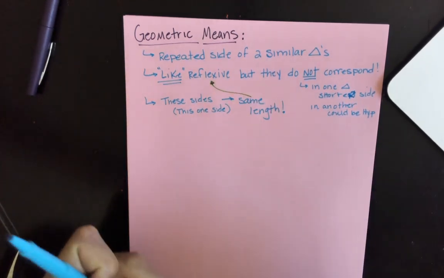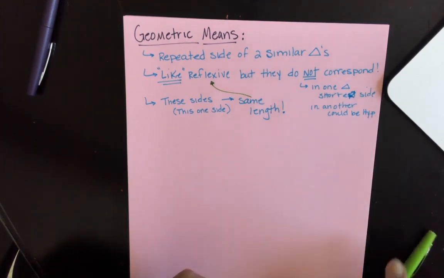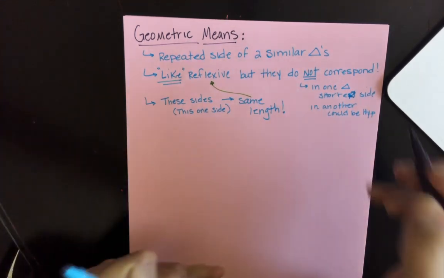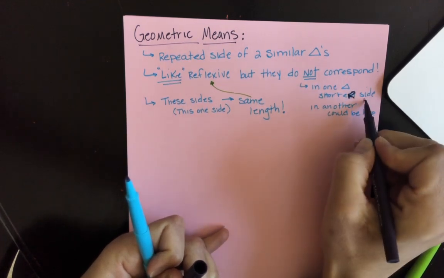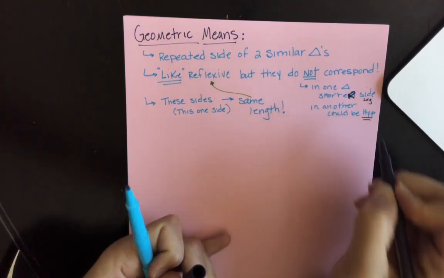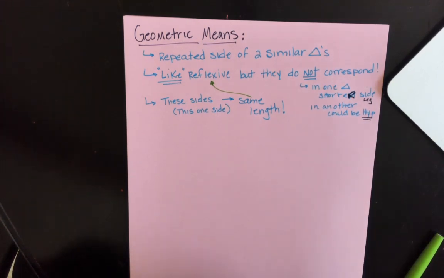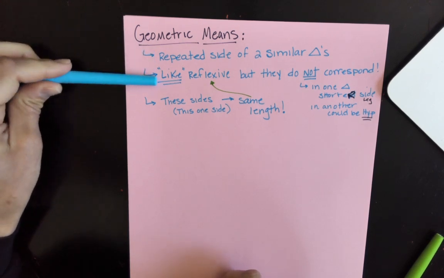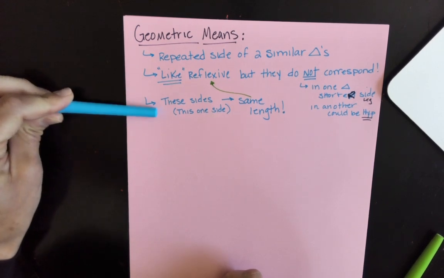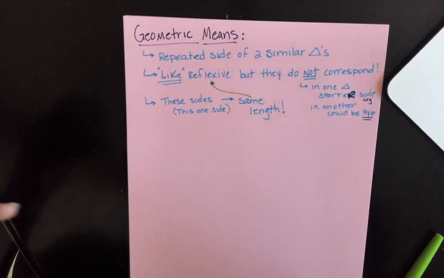They just do not correspond. So in one triangle, it's a shorter side, it's a leg. And in the other one, it's the hypotenuse. So a geometric mean, it's a repeated side of similar triangles. It's like reflexive, but they do not correspond. They are the same length because, again, they're going to be on top of each other.